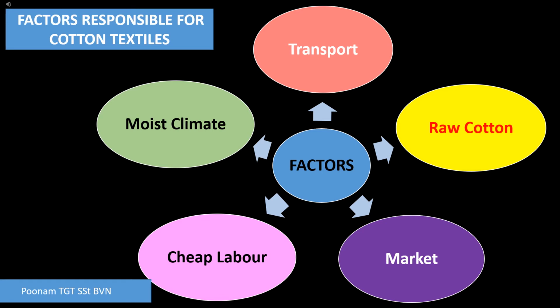Well-developed transportation system and accessible port facilities in Maharashtra and Gujarat led to their concentration here. Proximity to the market is yet another factor as cotton cloths are ideal and comfortable to wear in these warm and humid states. And lastly, these states are densely populated, so finding cheap laborers is not a problem here.